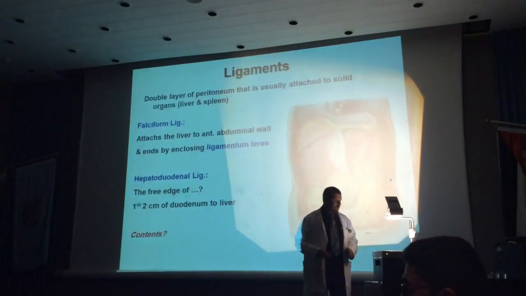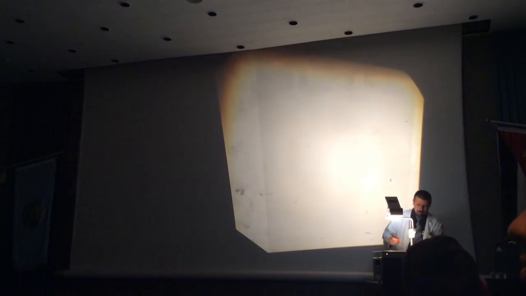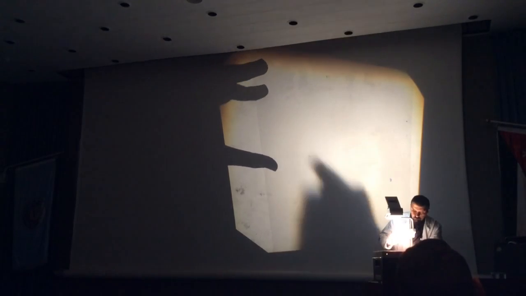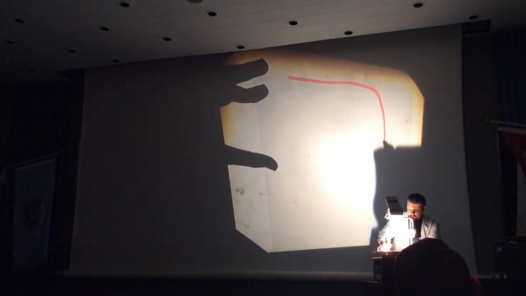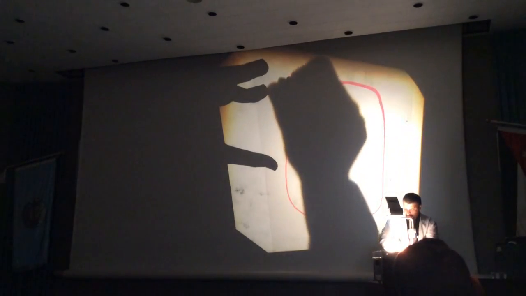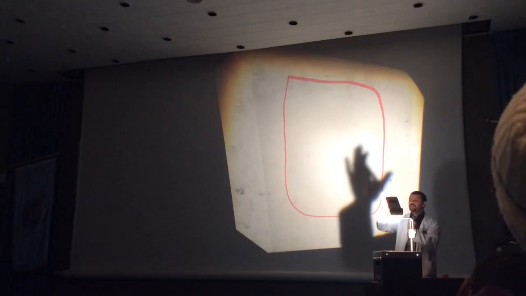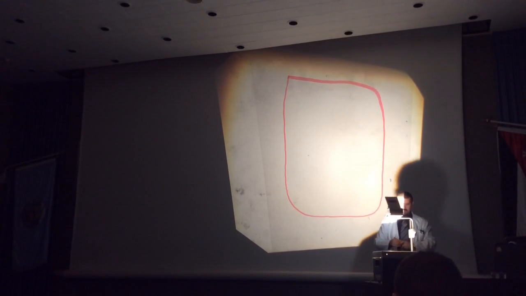So if we draw a sagittal section, this is the abdominal cavity, and I draw a midline sagittal section. So you look laterally into the abdominal cavity.